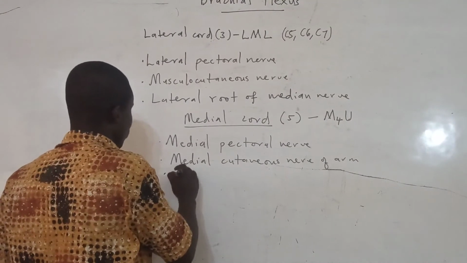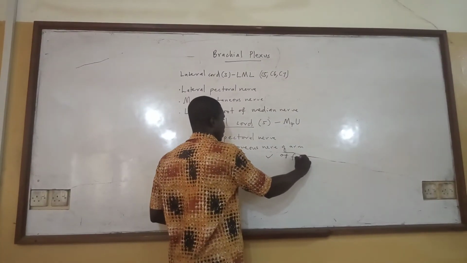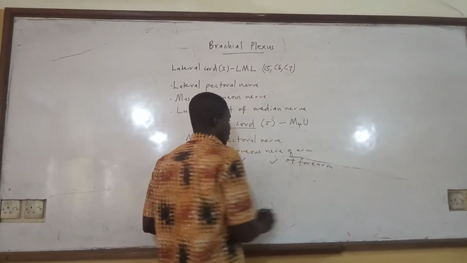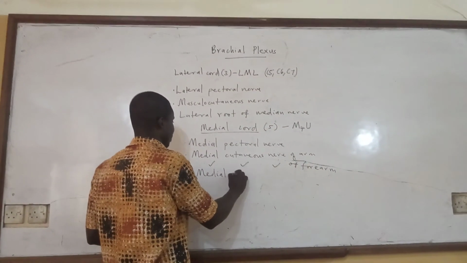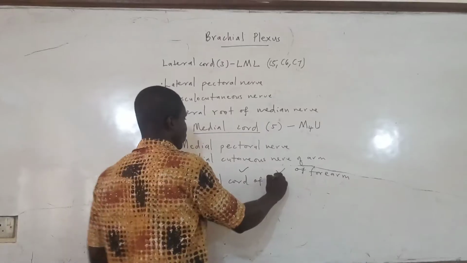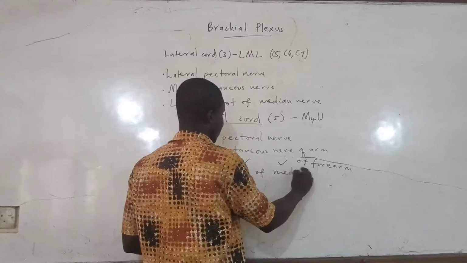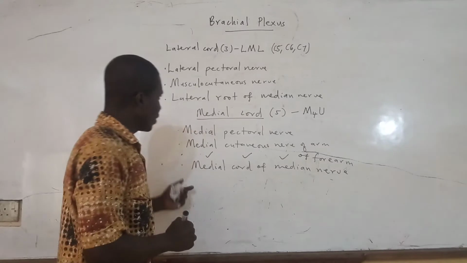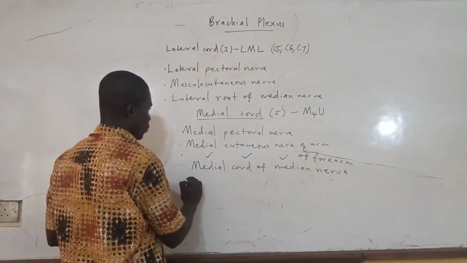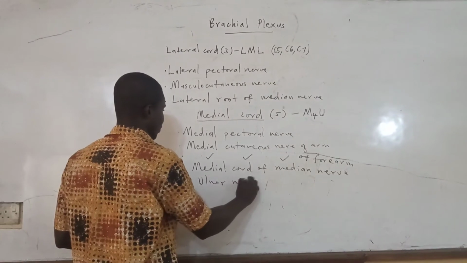There will also be the medial cutaneous nerve of the forearm, and there will also be the medial root of the median nerve, and then there will also be this U, that is the ulnar nerve.